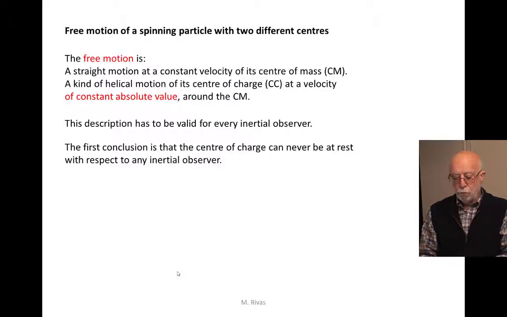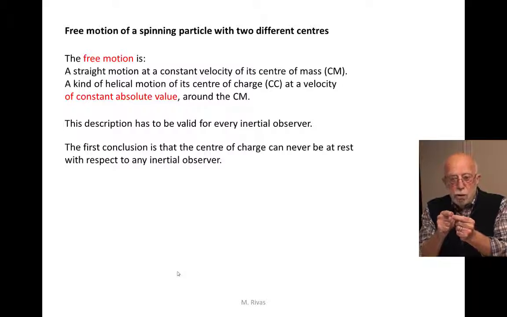Why? Well, let us assume that we have the center of charge moving along this helical motion, and in this instant we have some inertial observer located very close to this point and moving with the velocity of this point. So it sees the center of charge moving at zero velocity. But because this has an accelerated motion, at the next instant it will be moving with a non-zero velocity with respect to this inertial observer.